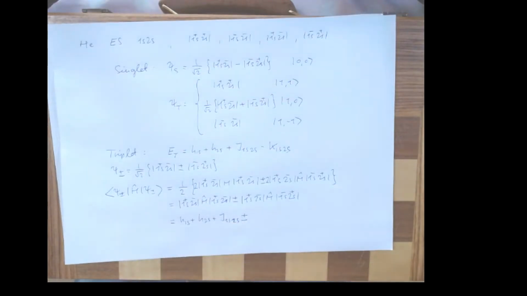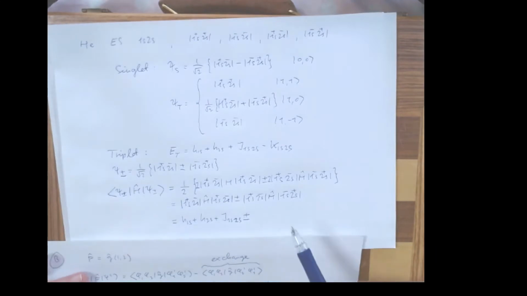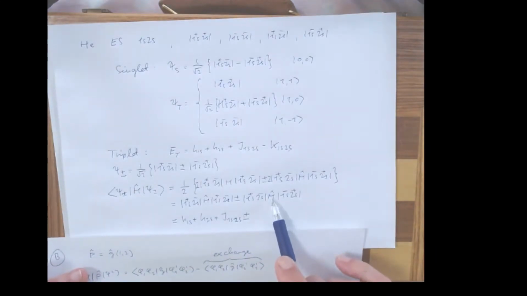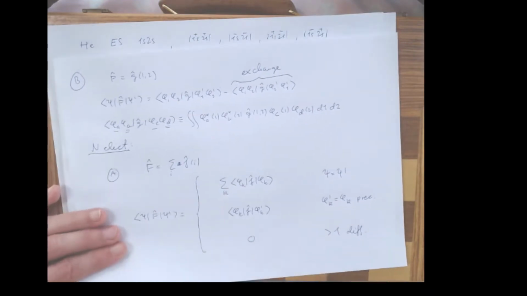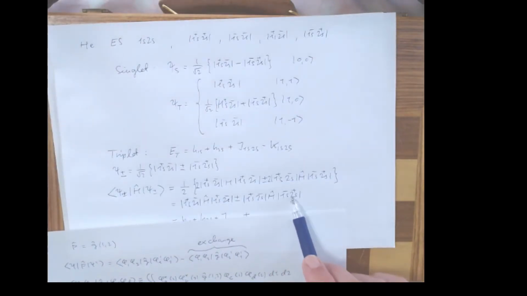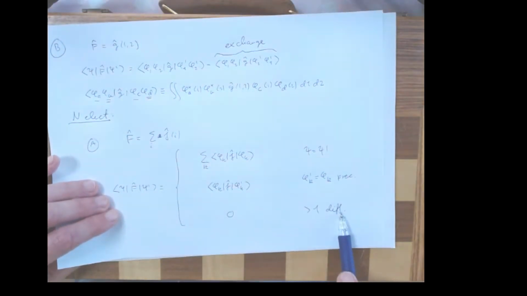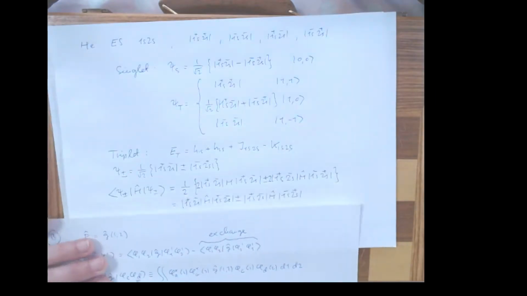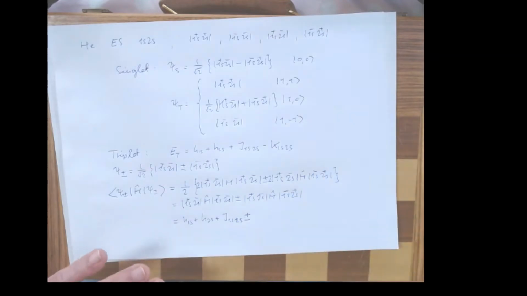So now I have to go all the way back to my general expressions here, because my Hamiltonian, which is sandwiched here, has single body terms and 2 electron terms. But the single body terms will not contribute, because I'm considering Slater determinants with 2 differences. And if there are more than one difference, I do get 0. So there is no single body terms from this part, only two body terms.